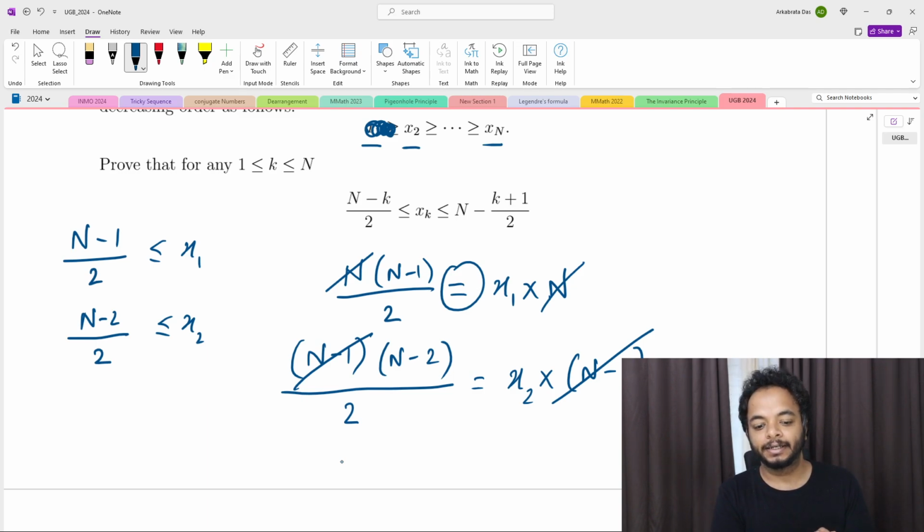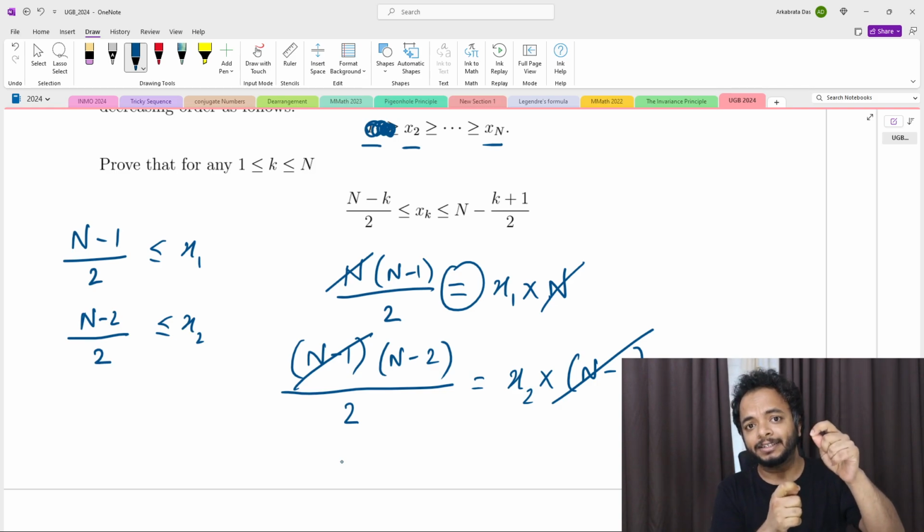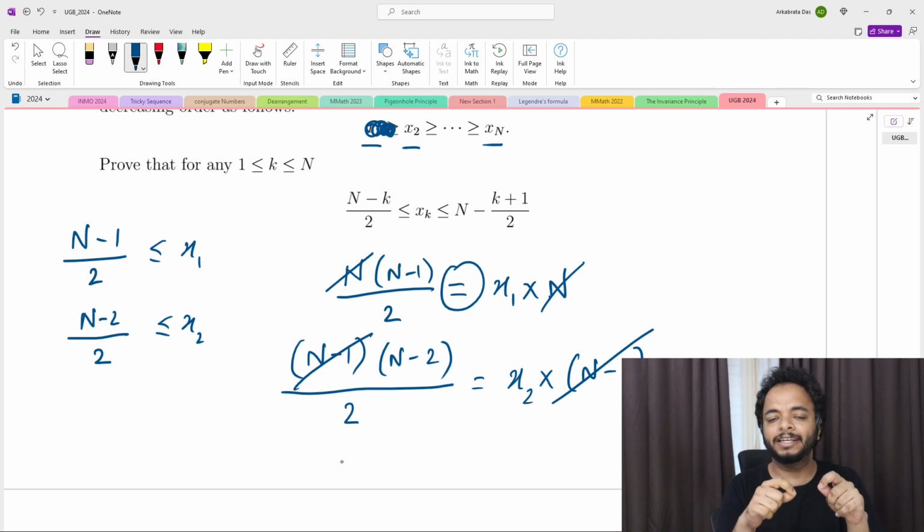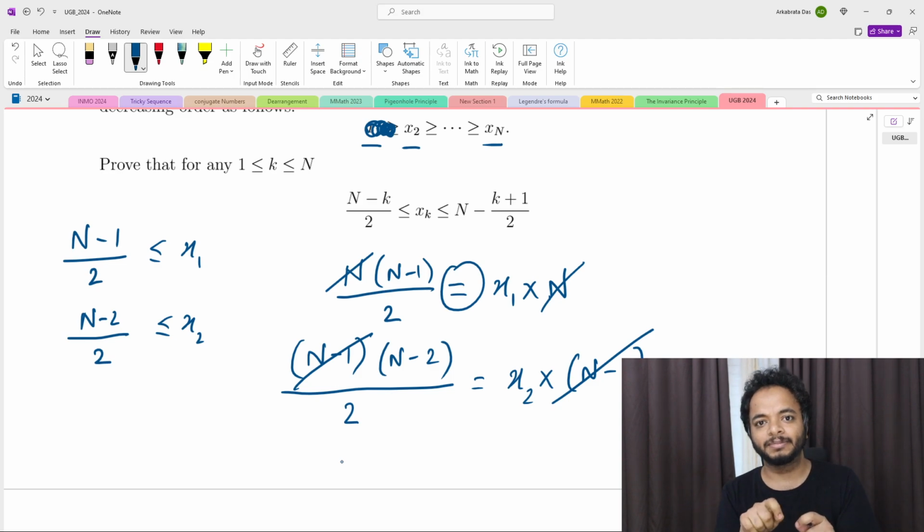Now if I let team 1, which I deleted, come back, team 1 will play with the team that has won x2 games. If team 2 defeats team 1, then the value will increase; the value of x2 won't decrease.